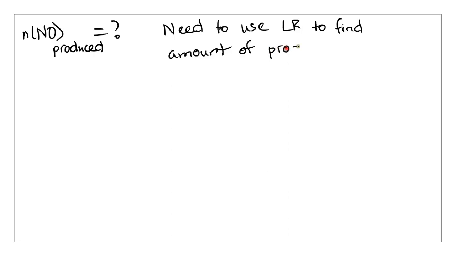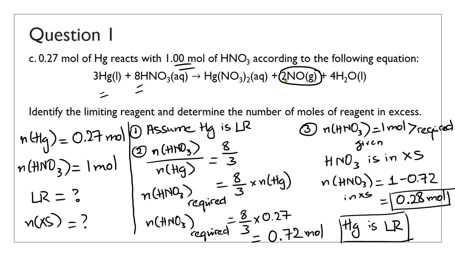So if I want to work out the amount of product, which is NO here, I am going to need to form a mole ratio between NO and mercury, which was the limiting reagent. And this mole ratio is once again from the chemical equation.